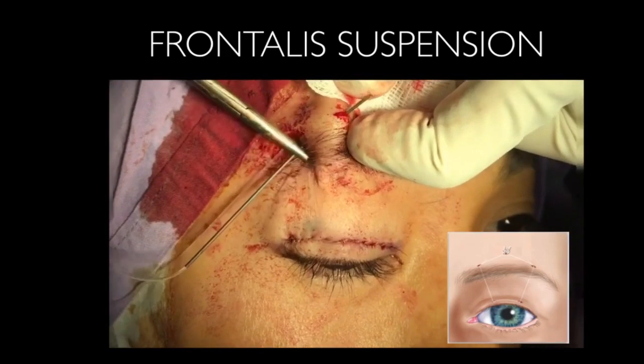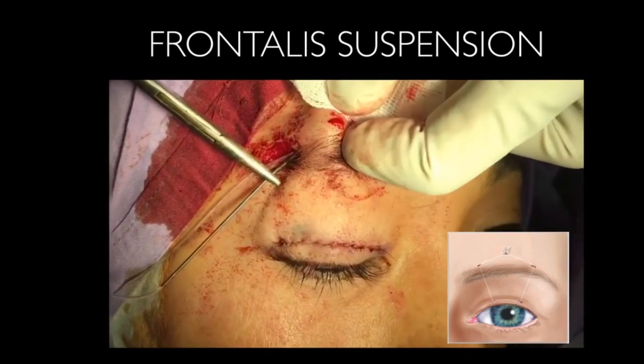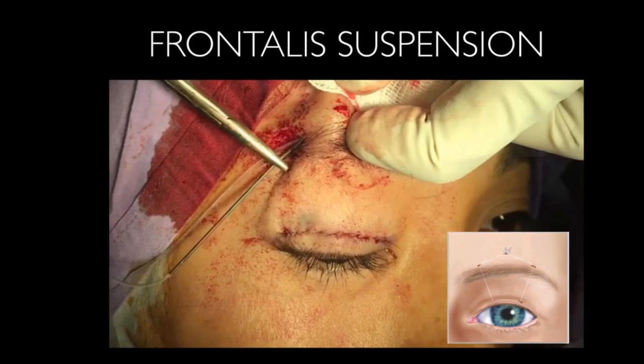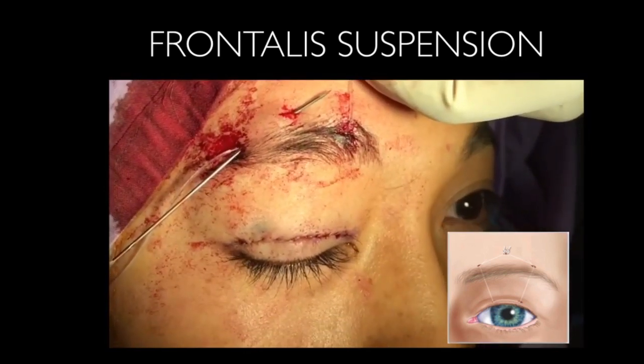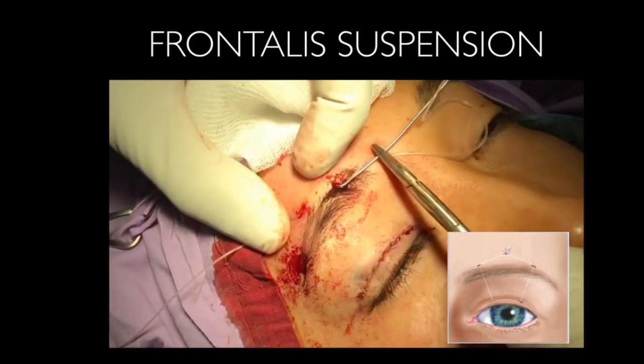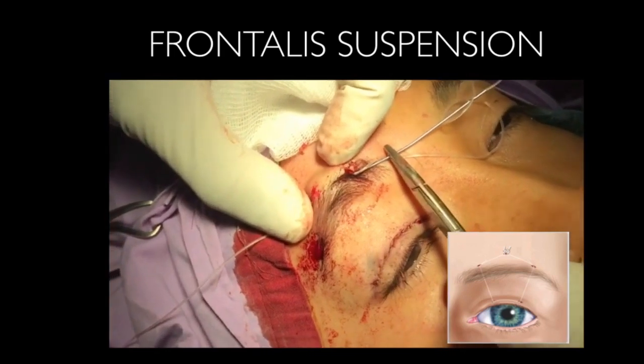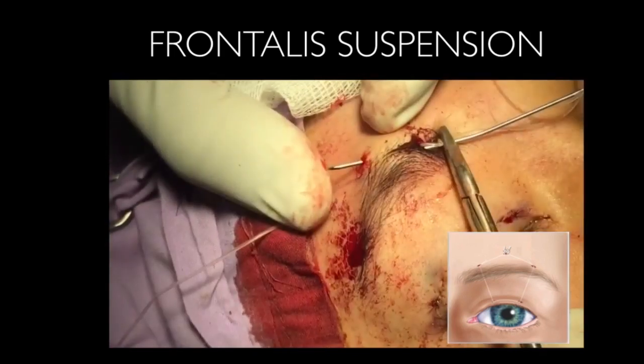Then the needle and sling is passed from the eyebrow to the forehead incision. The cut ends are secured and tucked in underneath the frontalis muscle, and the incision is closed.